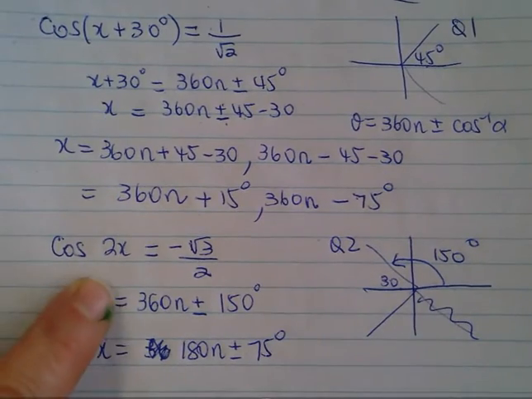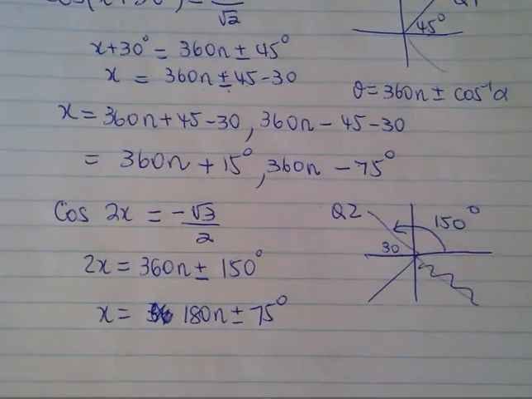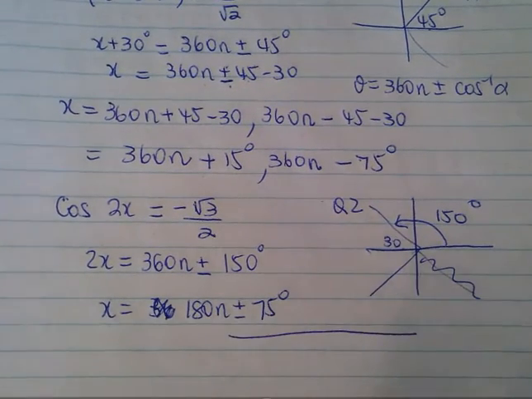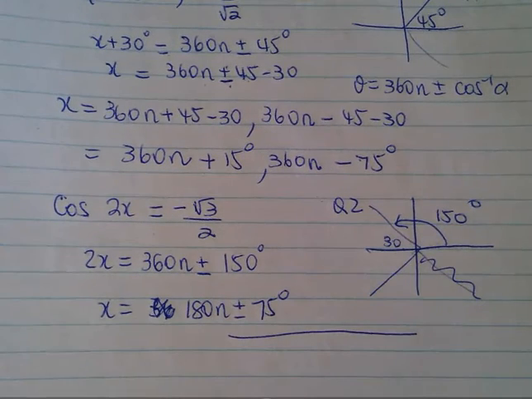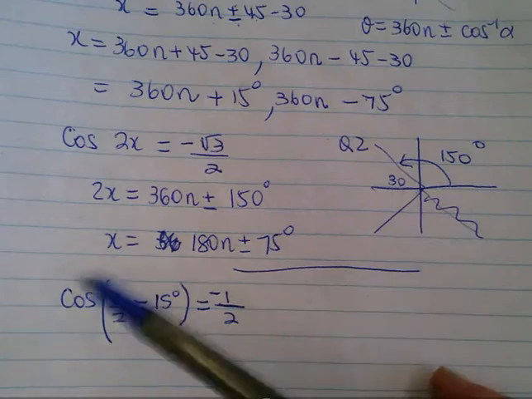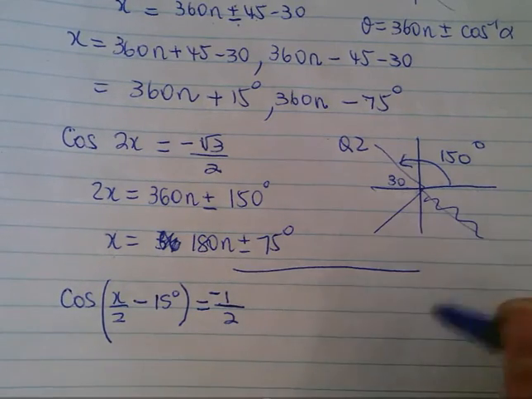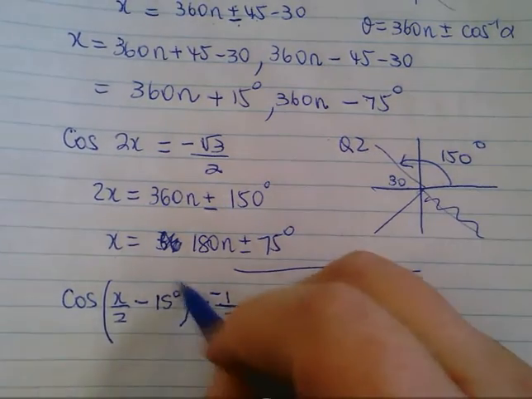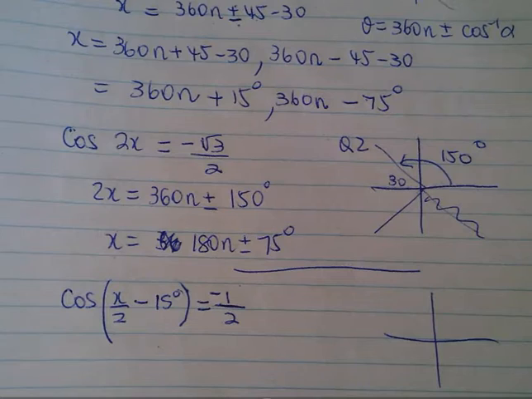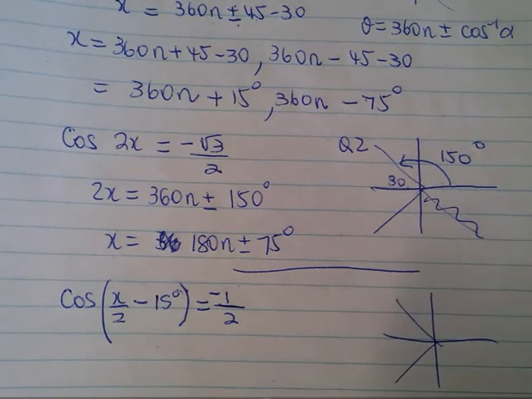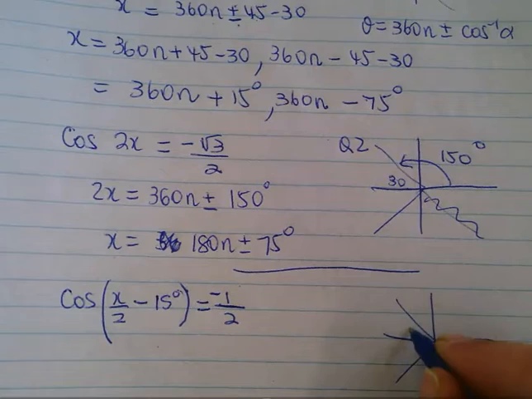But if I did 2x plus 45 or something, I've got to change something. Now I will do one like that. x on 2 minus 15 equals negative a half. So cos of something is negative a half. Quadrants 2 and 3. What's the acute angle? 60.